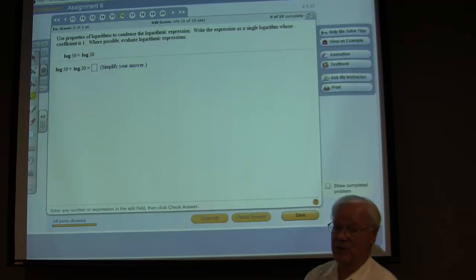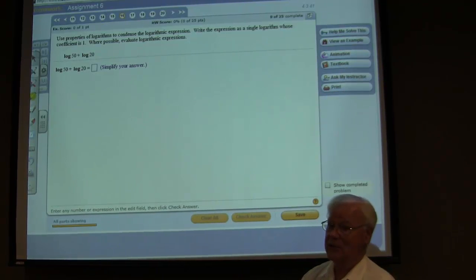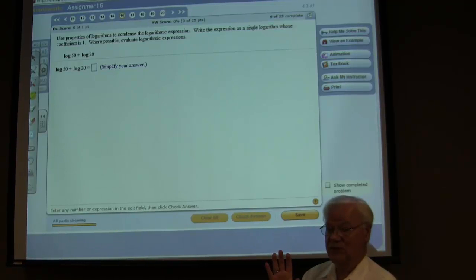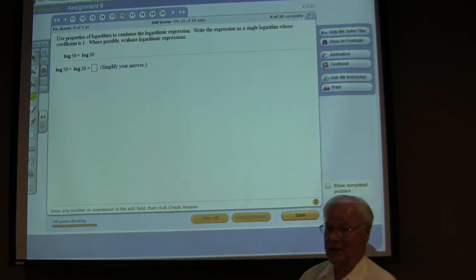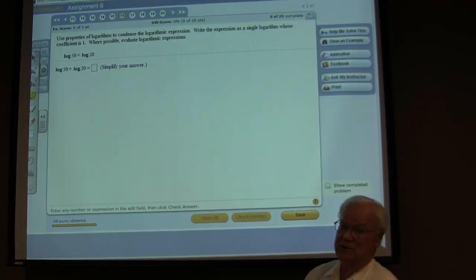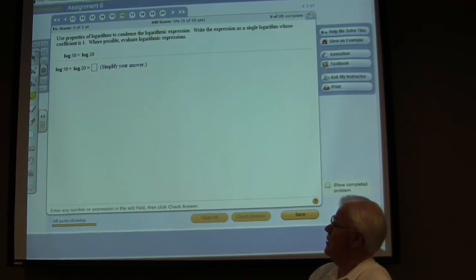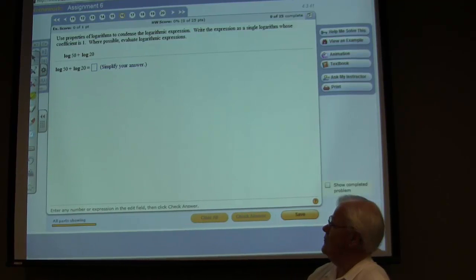Well, there is no exponent that we know of to put on 10 to get 50 because 50 is not a power of 10. Be careful. It's 5 times 10. That's multiplication. But you can't do 10 times 10 times 10 times 10 any number of times to get 50. So we don't know what it is, but there is one, log of 50, and then we want to do plus the log of 20.